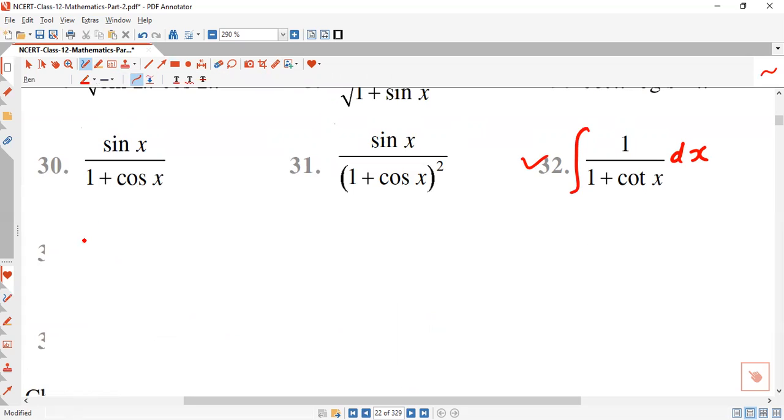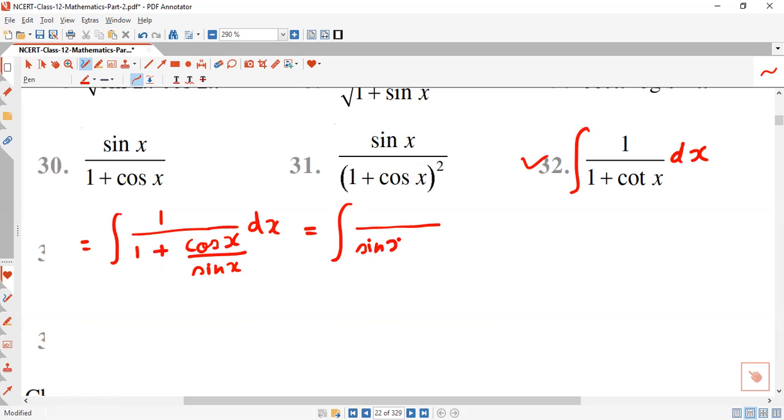So this becomes 1 upon 1 plus cos x upon sin x dx. It can be simplified further, and you get sin x plus cos x, and the sin x goes to the upper side, sin x dx. Still, if we take the denominator as t, it will not serve the purpose.